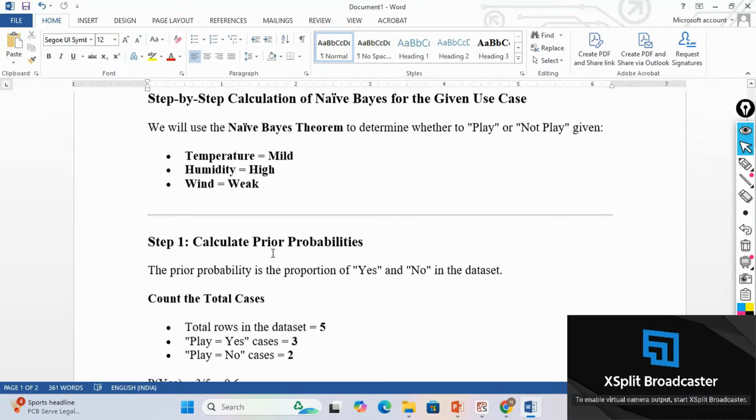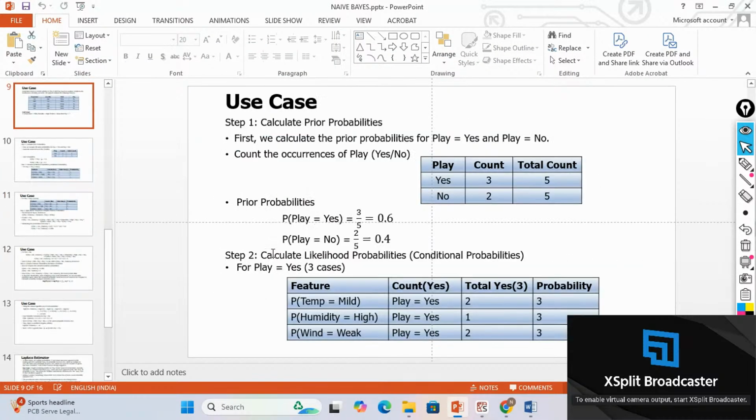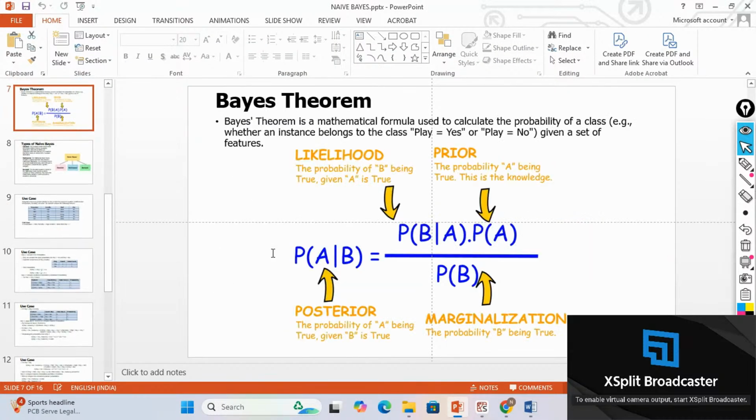What is the first step? So this is our formula, right? What does the formula say? The formula says likelihood P of B given A multiplied by P of A divided by P of B, the marginal probability. So I'm supposed to calculate these three in order to get the posterior probability.